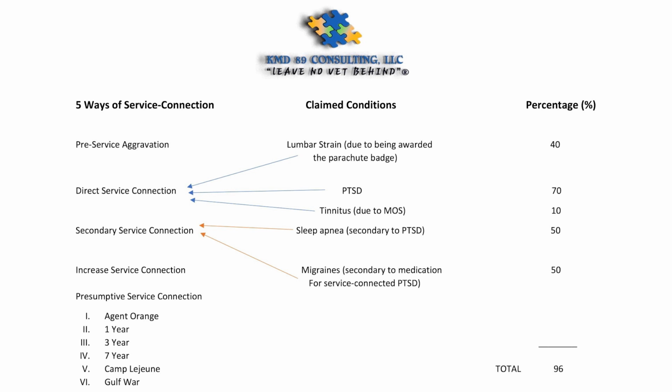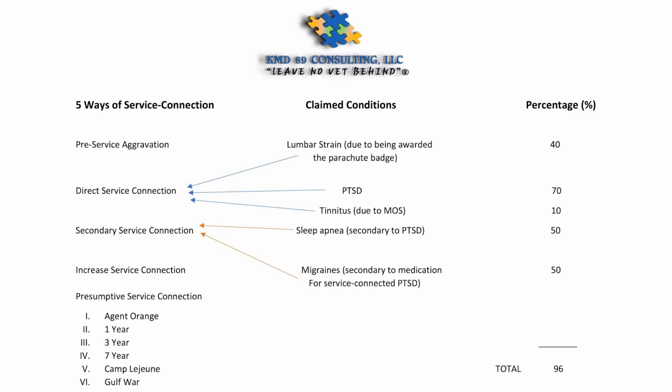Again, I feel everybody's claim is different, all right? So it's up to you. I've seen veterans with more conditions who are given 100%, all right? So this is just what I think the heavy hitters are to get you to that permanent and total status faster. Okay, so number 1, lumbar strain. You see what I have in parentheses?